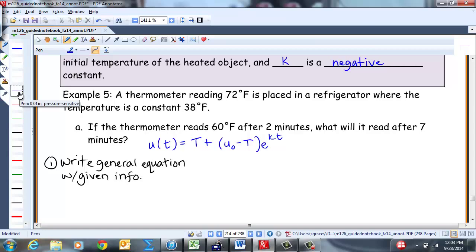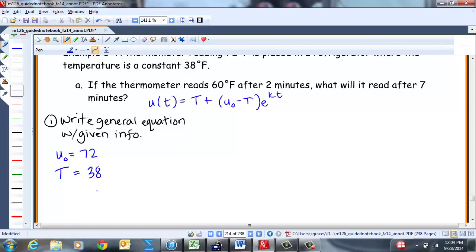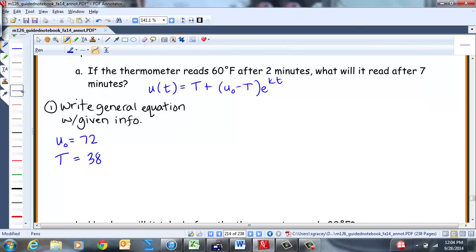Okay, so let's see what we've been given. The initial temperature of the thermometer is 72 degrees. So U0 is 72. Now, the temperature of the refrigerator, the surrounding medium, is 38 degrees. So capital T is 38 degrees. So let's write our formula with that info and see what we've got.